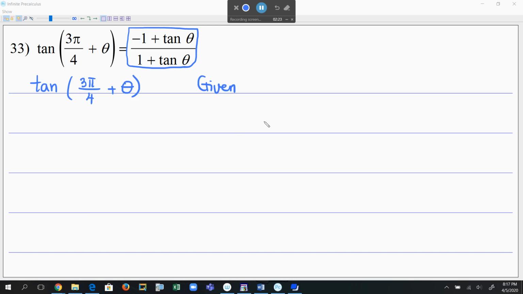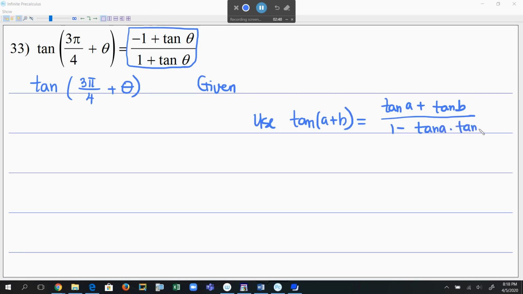So I'm going to make a quick note right here. We are going to use tangent A plus B is tangent A plus tangent B over 1 minus tangent A times tangent B. In this case, our A is 3 pi over 4 and our B will be theta.